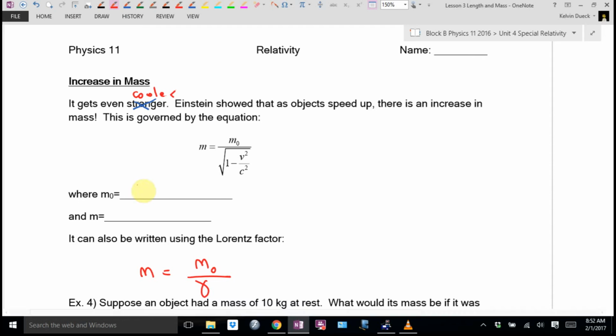Where m0 is the original mass at rest, its rest mass, and m is the mass of the object when it's moving.